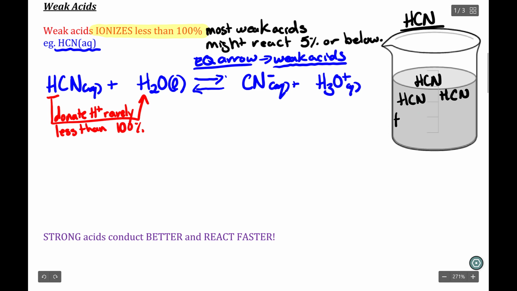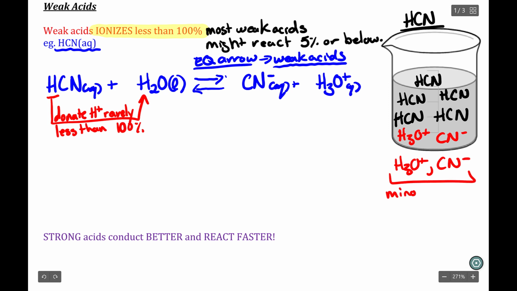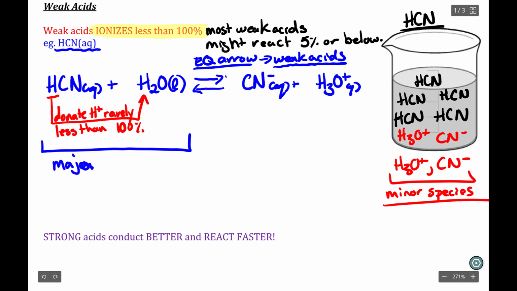Now, on occasion, you will find some hydronium and you'll find some CN minus, but the H3O plus and the CN minus are called minor species because you have less of them. The major species for a weak acid ionizing in water is always the reactants. These would be the major species because that's what I have the majority of.